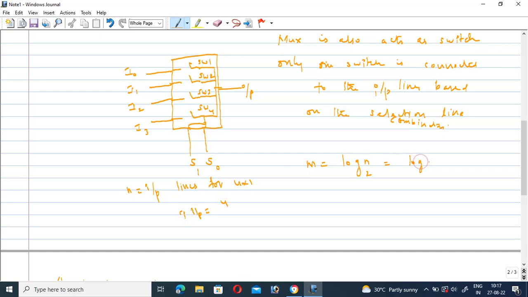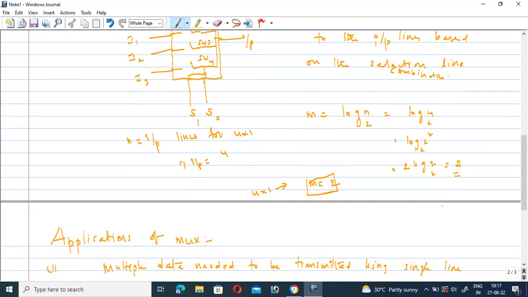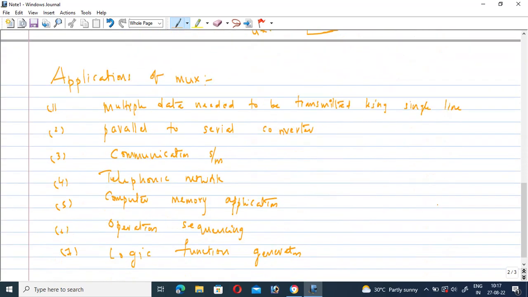Therefore log 4 base 2 can be represented as log 2 square base 2, so 2 into log 2 base 2. This value is equal to 1. Therefore m is equal to 2. Therefore the total number of selection lines in a 4 by 1 mux is equal to 2. This is the way we select the particular input lines.